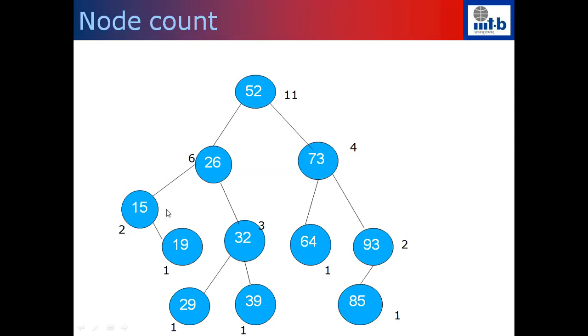So the number of nodes here is this node, plus the number of nodes on the left hand side, given by the count on the left, plus 3, which is the number of nodes on the right hand side. If you're computing the count from bottom up, it's always easy to update.